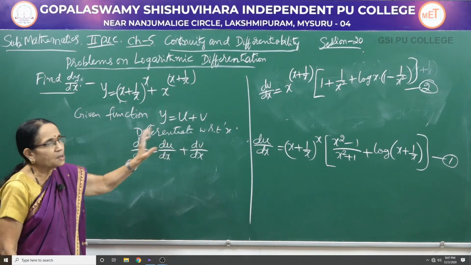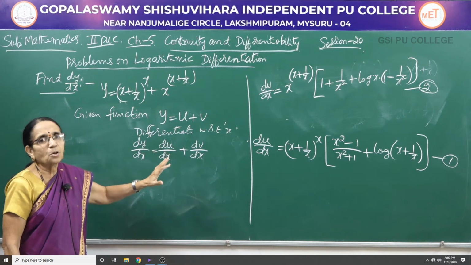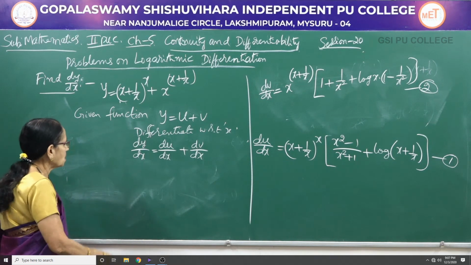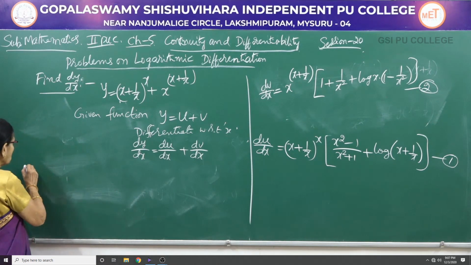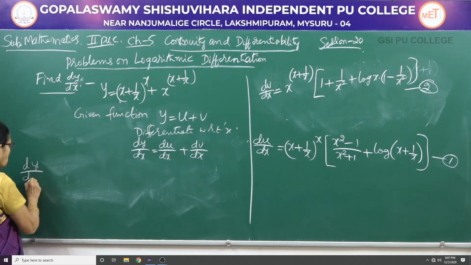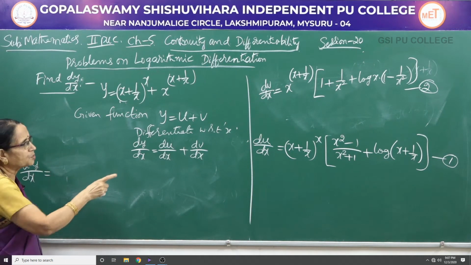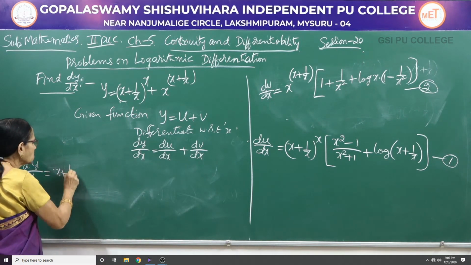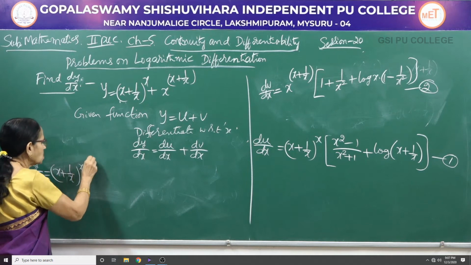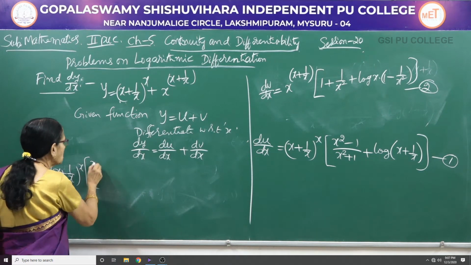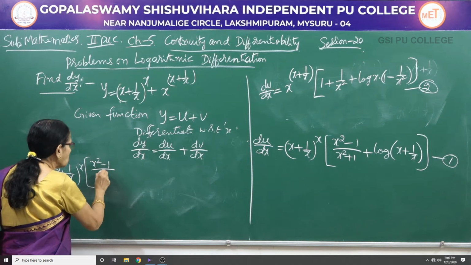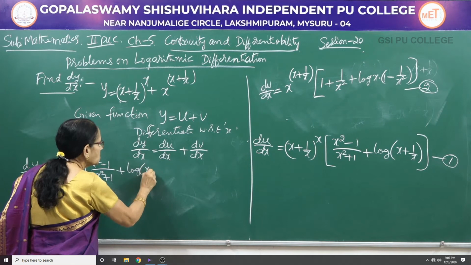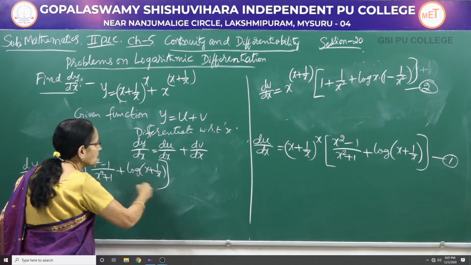Look, from the first and the second result, we have got the values of du by dx as well as dv by dx. Now, substitute here and write all the terms, that is, you write dy by dx would be equal to, first we take the first result because it is du by dx, that is x plus 1 by x whole to the power x into x square minus 1 over x square plus 1 plus log of x plus 1 by x, close the bracket.